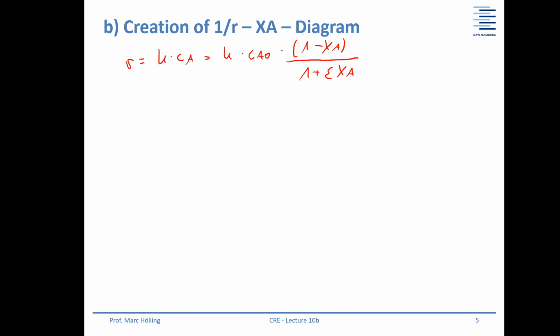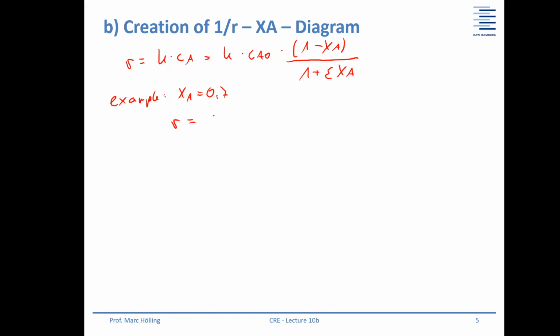So let me, as an example, calculate the reaction rate for a conversion of 70%.